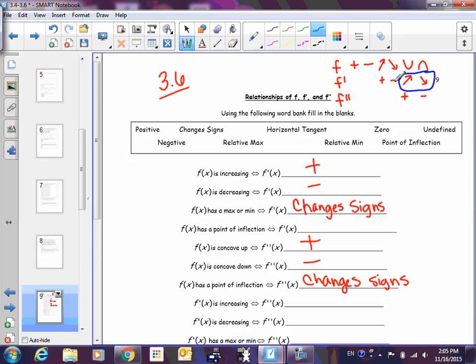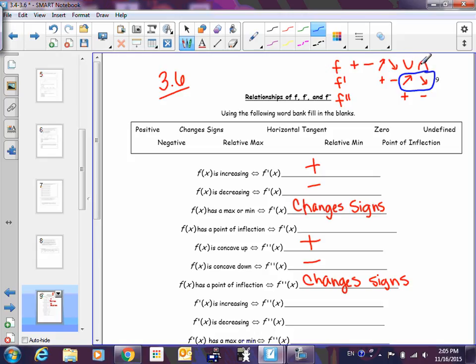All right, now because I've used the shortened version, we don't have the relative min on here, but you can kind of figure it out. If these two were switched, then so would the two signs be switched. Okay? Over here, what do we call that point where we change concavity? A point of inflection.